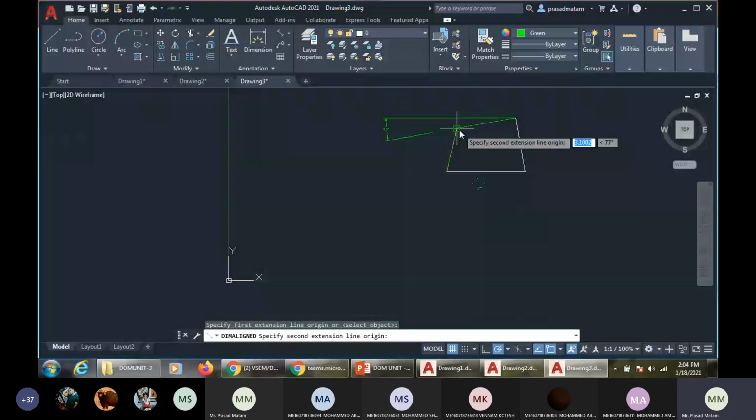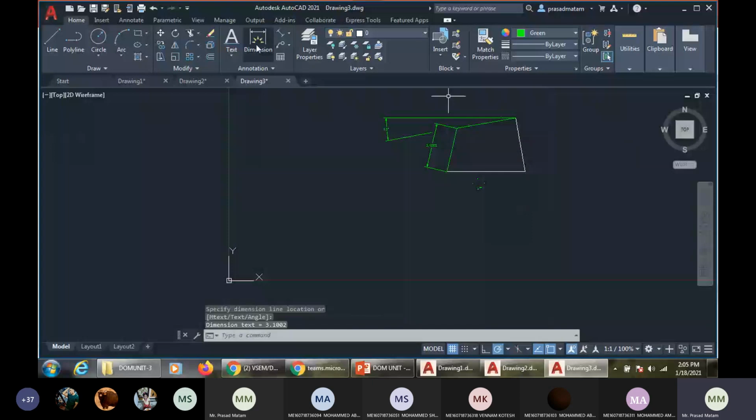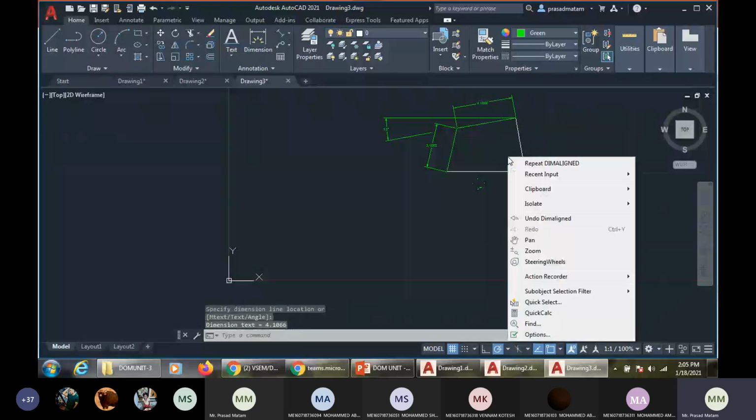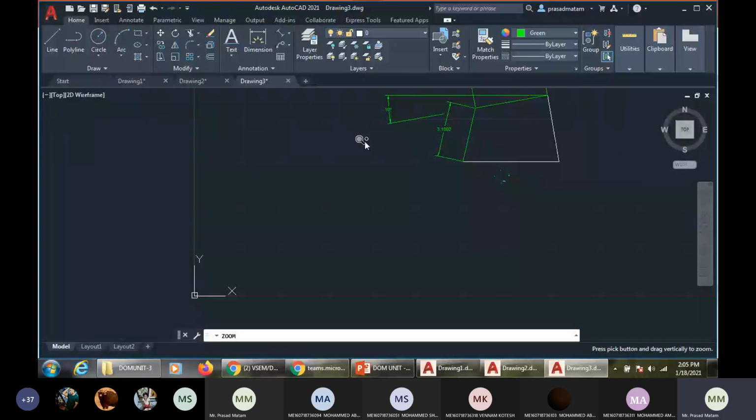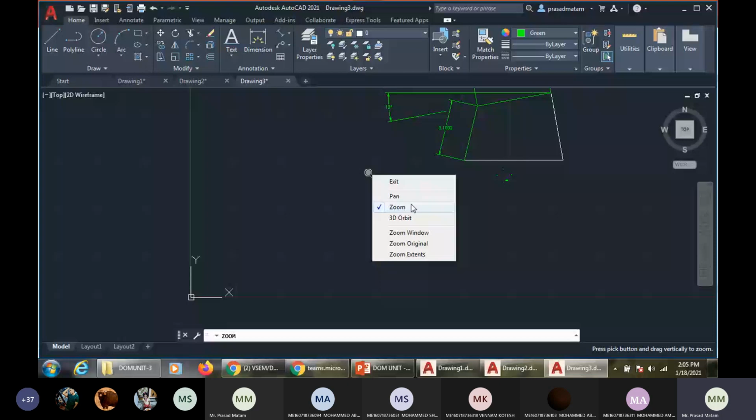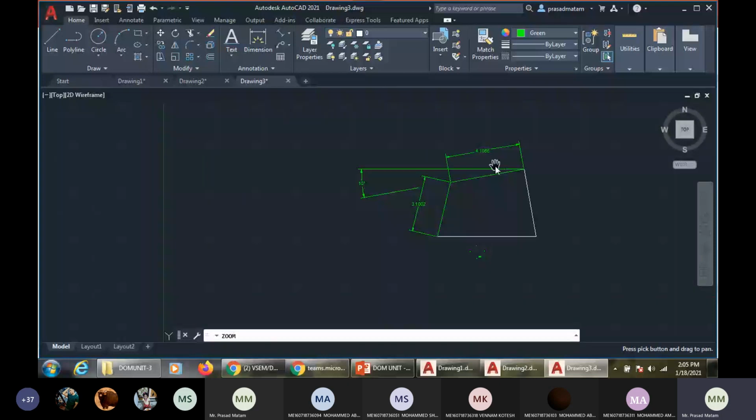I will zoom this again to know the length. Are you able to see this, dear students? Please answer. Right. This is 4.1 centimeter. This is 3.1 centimeter. This is 0.08 MA, this 0.08 MD.